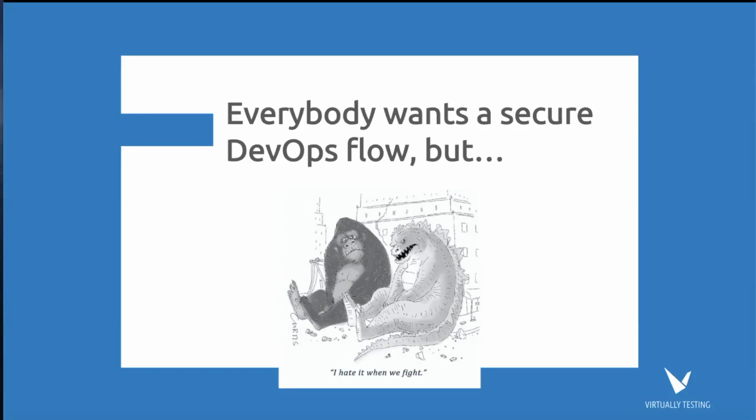Thank you. Everybody wants a secure DevOps workflow, but the balance we need to strike is between velocity on the one hand and ensuring that we're secure on the other.